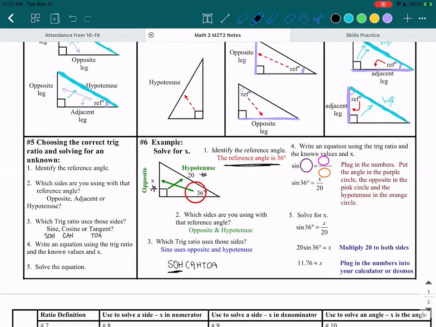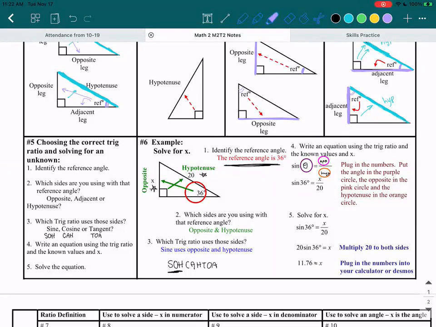Then we write an equation in step 4, using the trig ratio and the known values and x. Sine of the angle is equal to opposite over hypotenuse. The angle was 36 degrees, so that's where we put our 36 degrees. The opposite side was x, and the hypotenuse was 20, so we fill it in.